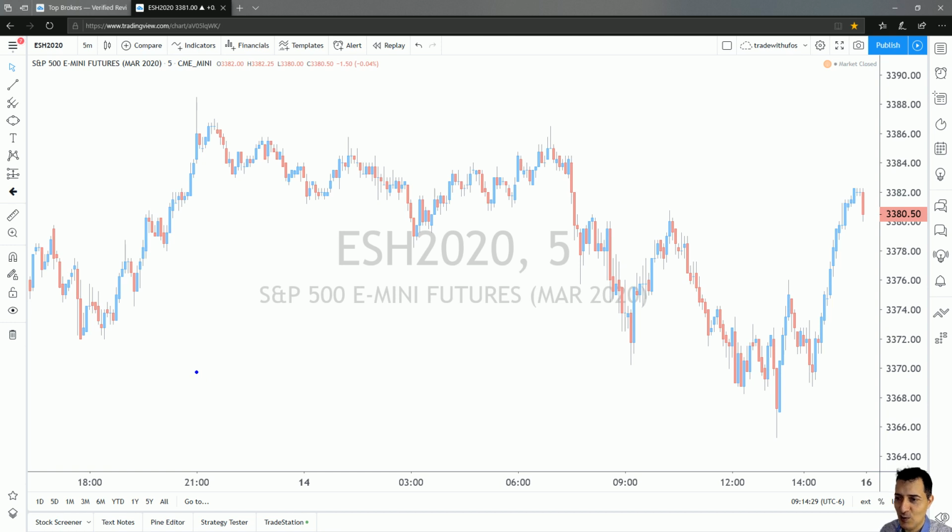So how is TradeStation operating nowadays? Well, TradeStation separates between equities and derivatives, let's call it futures. Let's say you never had an account with TradeStation and you need one.